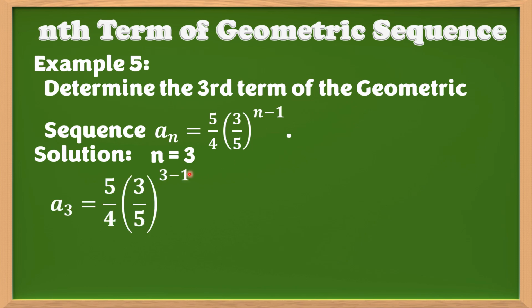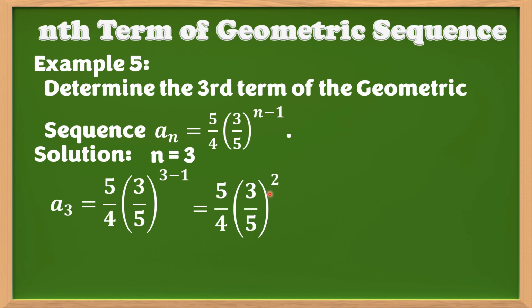So the equation will become a sub 3 is equal to 5 over 4 times 3 over 5 raised to 3 minus 1. And then simplify now the exponent of 3 over 5, which is 3 minus 1. So it will become 2. So the equation a sub 3 is equal to 5 over 4 times 3 over 5 raised to 2.